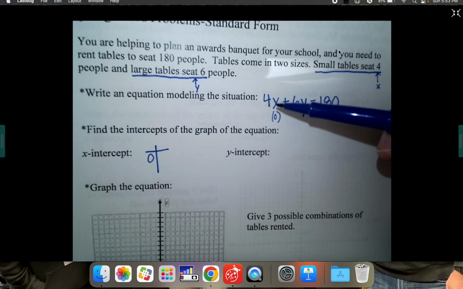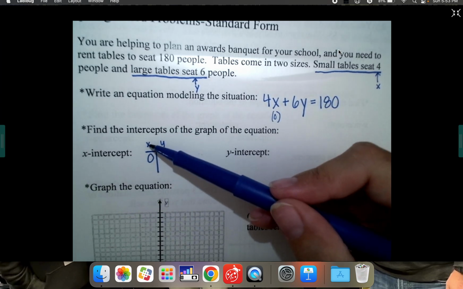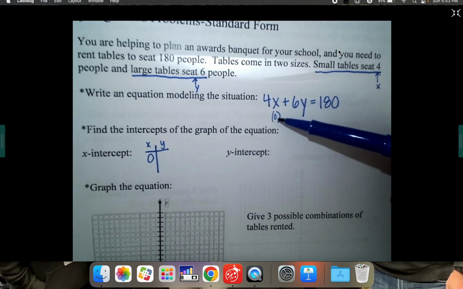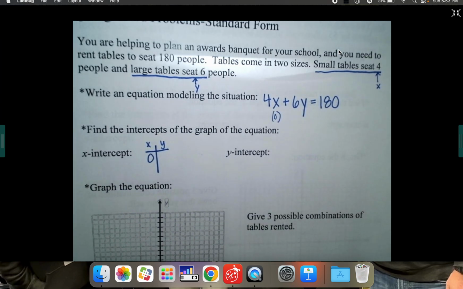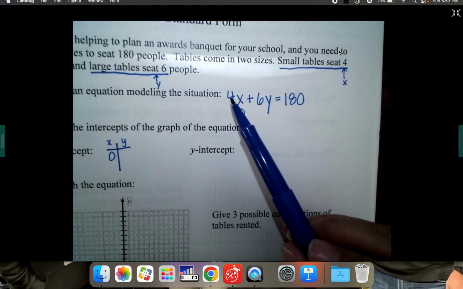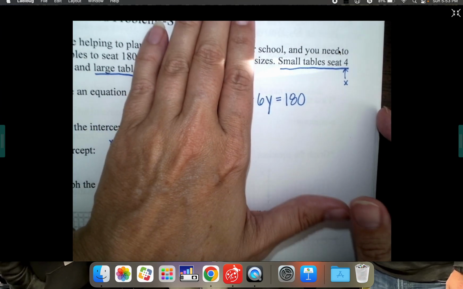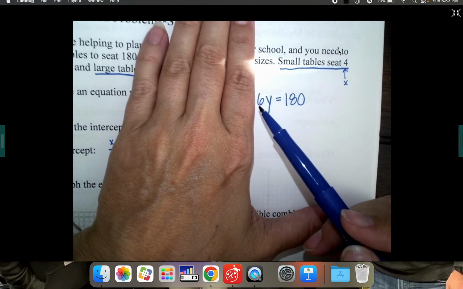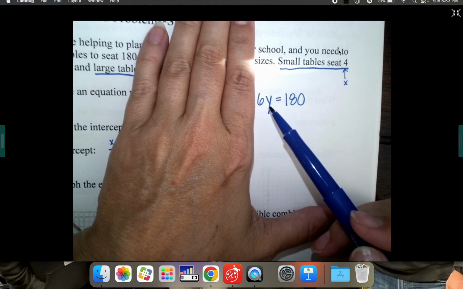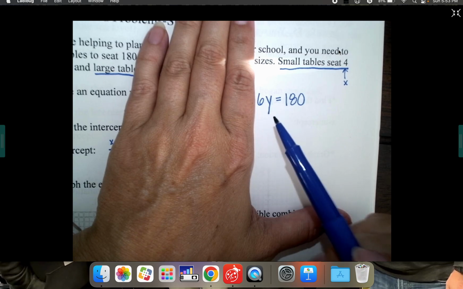What is 4 times 0? By the way, I made a little mini table of x and y over here. If x is 0, 4 times 0 is 0. So basically that entire variable is gone. And it's going to leave us, let's say nobody sits at the small tables, 0 people. So the most we can sit with having 6 per y equals 180 means we're going to divide both sides by 6.